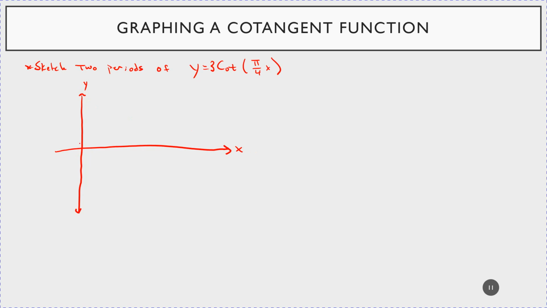Okay, so we have a vertical asymptote at x is equal to 0. Here's 1, here's 2, here's 3, here's 4. There's the next vertical asymptote. And then remember, the period is every 4, so there's going to be another vertical asymptote at x is equal to 8.